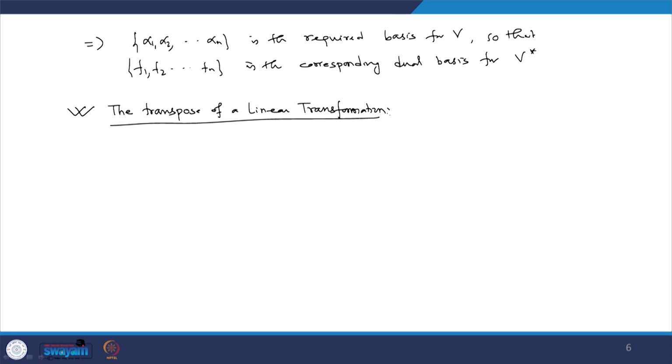So, before introducing the transpose of a linear transformation, first let us see how a given linear transformation introduces another linear transformation.